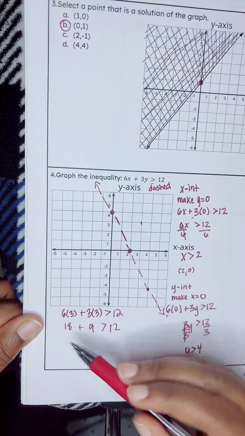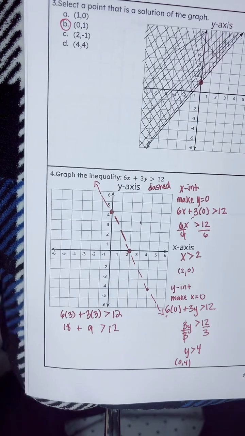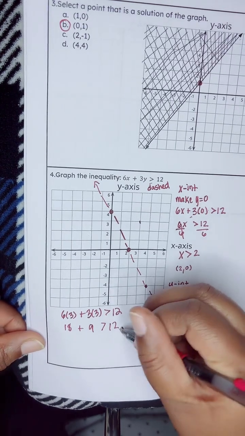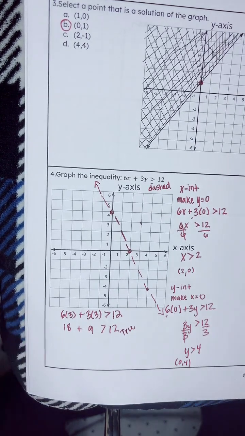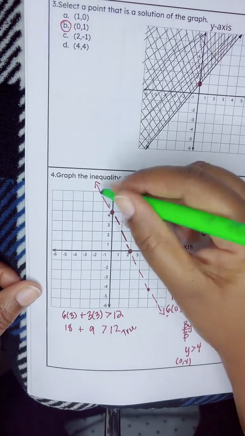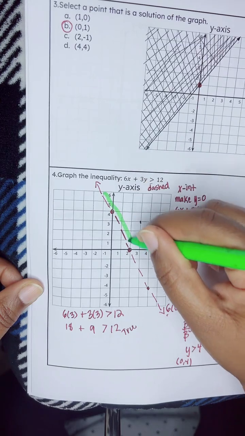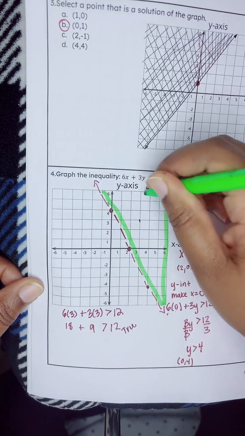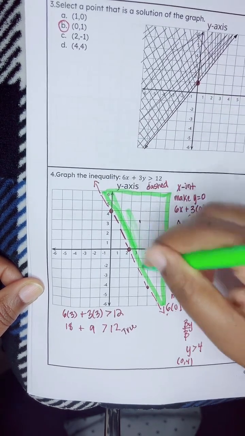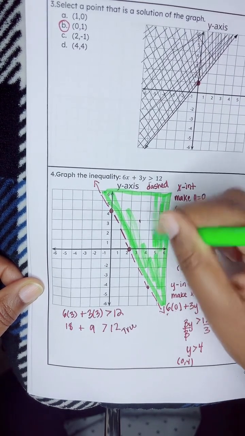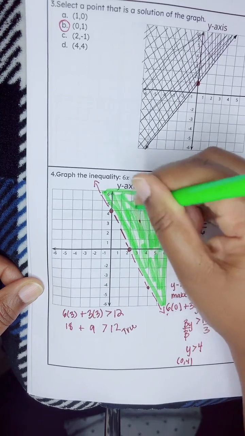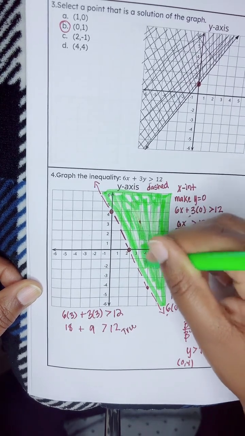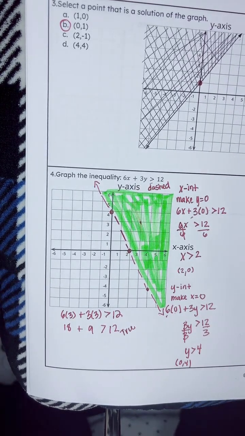And 18 is already greater than 12. So we know this is true. And since it's true, we're shading all here and up. And that's our answer.